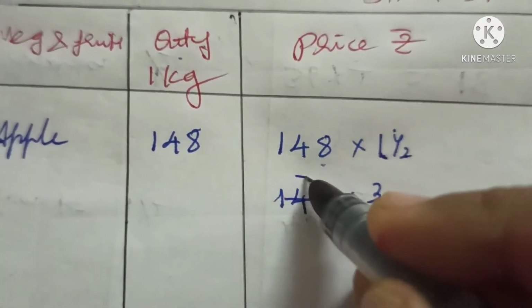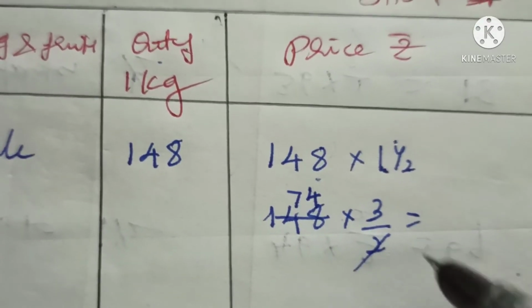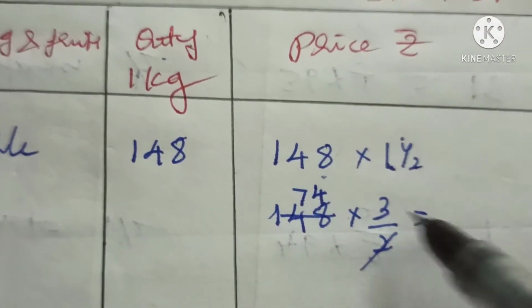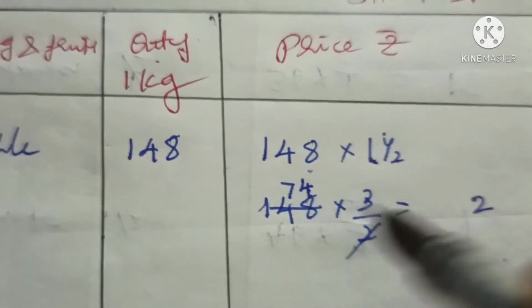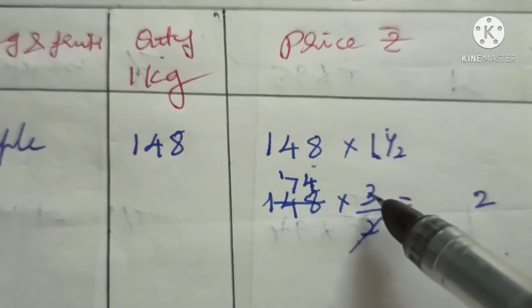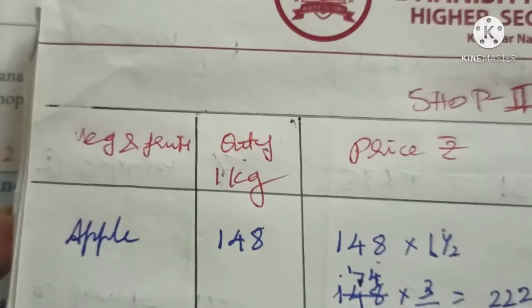If you cancel, 74 into 3. 3 4s are 12, carry 1. 3 7s are 21, 21 plus 1 is 22, so 222.